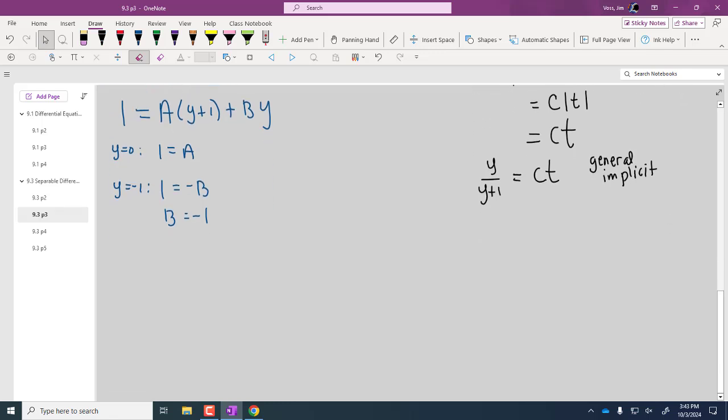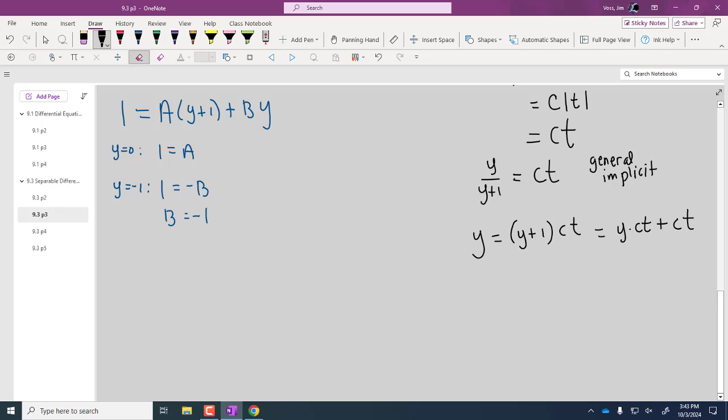Everyone follow the process? Multiply both sides by the denominator on the left. Collect your like terms back to the left. So you're going to have y equals y plus 1 times ct, which is y times ct plus ct.